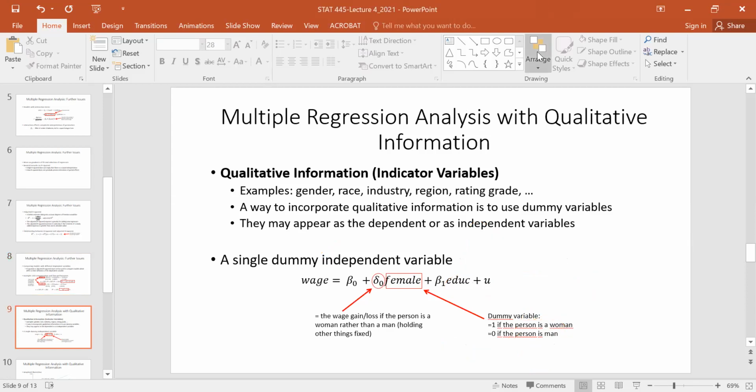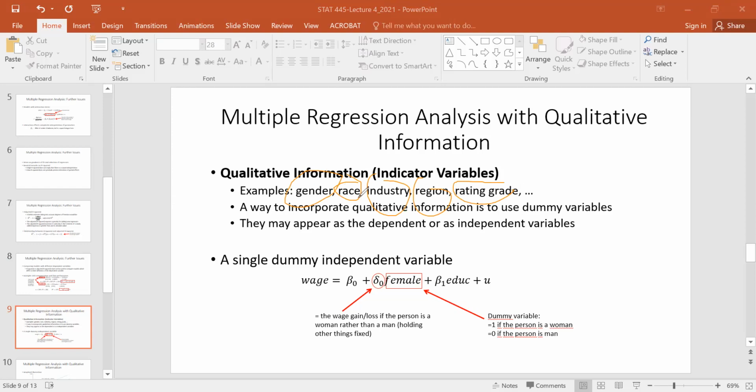Okay. Now let me move to our qualitative variables. Regression analysis most of the time will employ quantitative variables, but sometimes it is necessary to control for or study the impact of qualitative variables, such as gender, male or female, race, the industry, your region of origin, whether from Ashanti, Eastern, Volta, Northern, and so on, or a rating, or the rank of university lecturers.